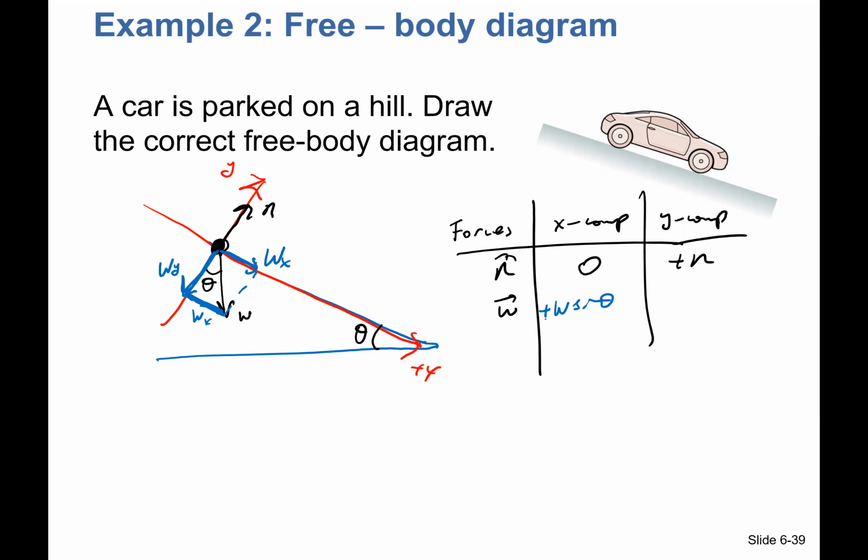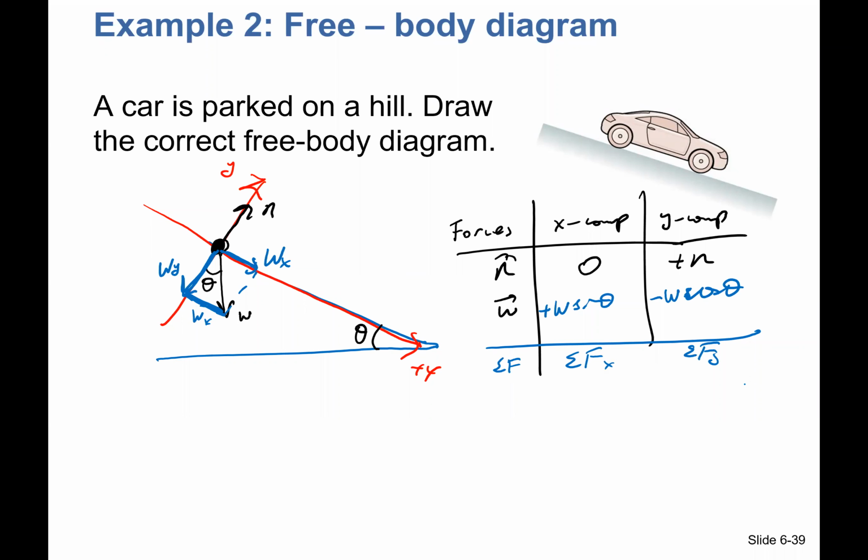Or you can say it's the fourth quadrant, so x is positive. The y component will be w cosine of theta, and the fourth quadrant tells me that it has to be negative. If those are the only forces I have, then this is net force in x, and this is net force in y.